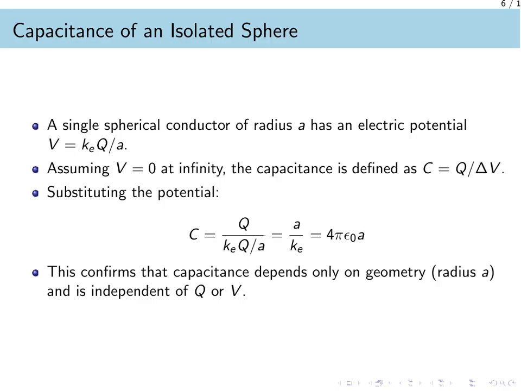By applying the definition of capacitance, which is the charge Q divided by the potential difference ΔV, we find that the Q terms cancel out. This leaves us with a capacitance of a divided by k_e, or 4πε₀a.